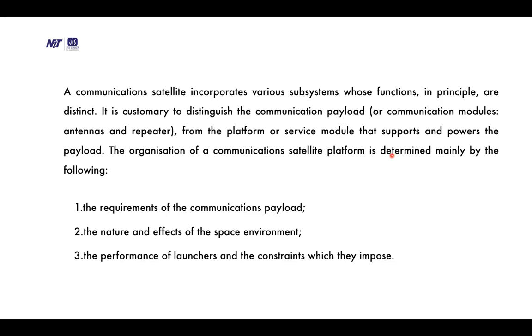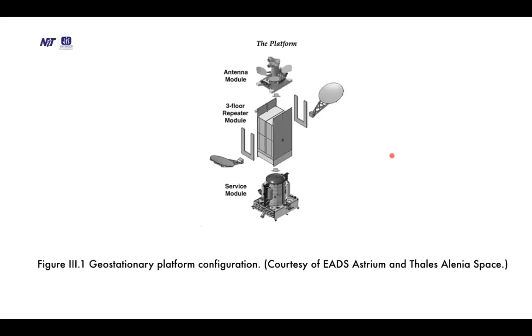The organization of a communication satellite platform is determined mainly by the following: the requirement of the communication payload, the nature and effects of the space environment, the performance of launchers, and the constraints which they impose.